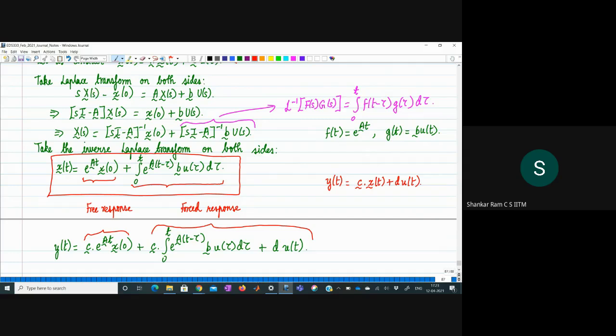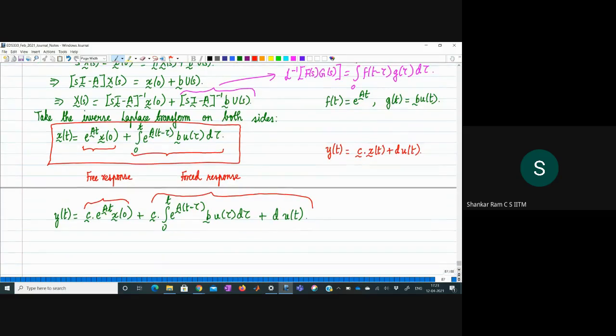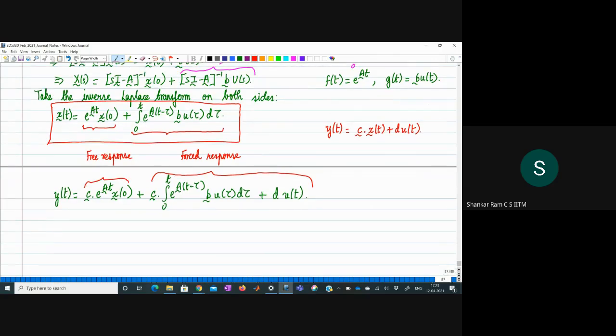That is an important change. In a certain sense, the state space representation naturally takes into account the response due to a non-zero initial condition, so we can analyze both. Of course, we can even get the free response using the Laplace transform method, but as we can see, this naturally comes into play.